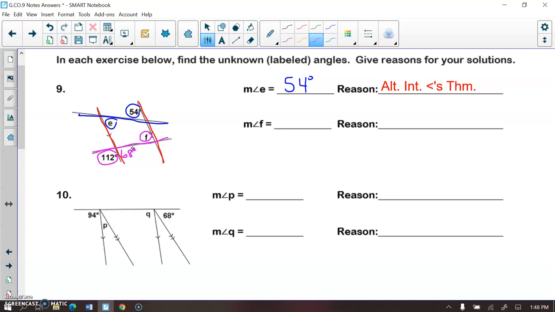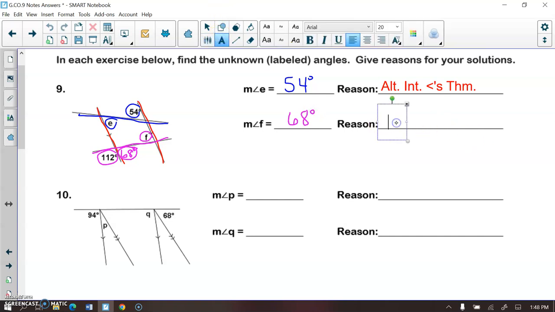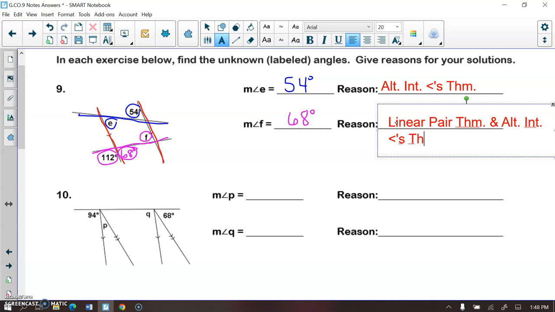And now that 68-degree angle and angle F are alternate interior angles. So angle F would be 68 degrees. And there's two reasons. I used the linear pair theorem and I used the alternate interior angles theorem. All right, I'm actually going to have to do the next one in the next video.